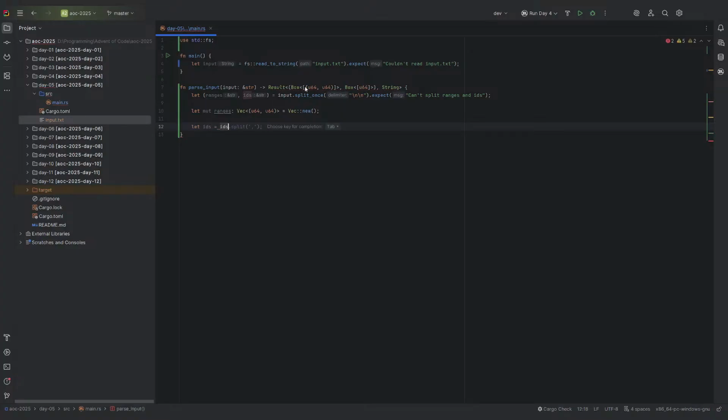These I can just go over, these little lines, and map them into u64 from str.